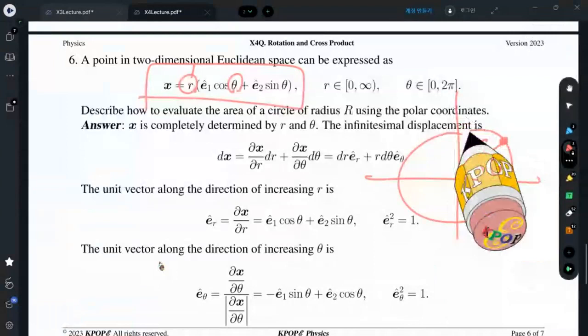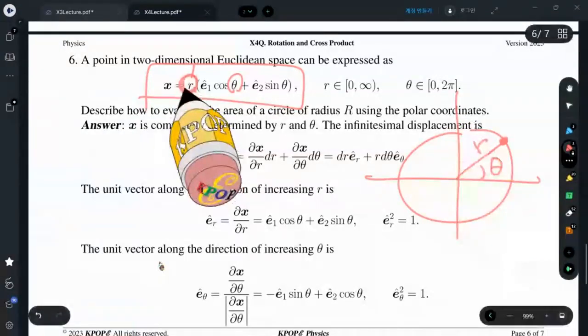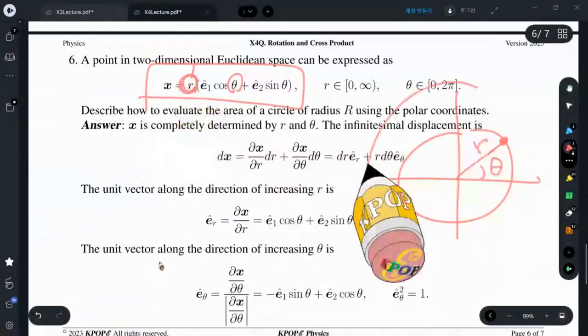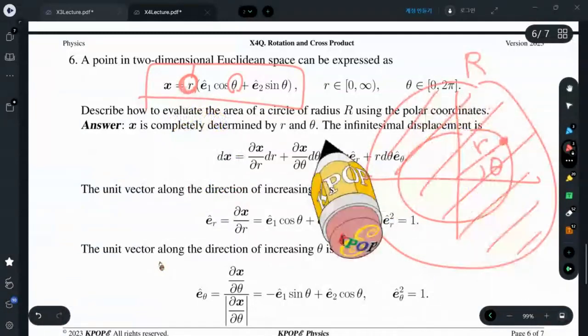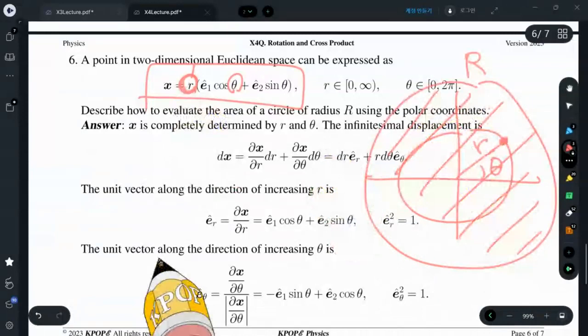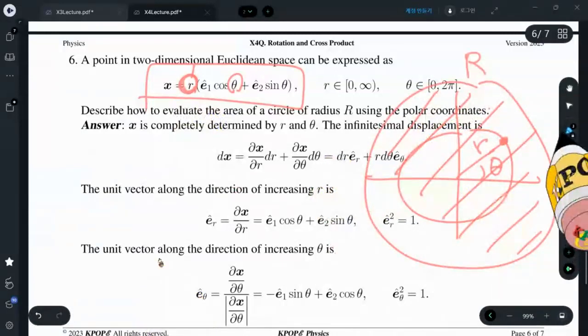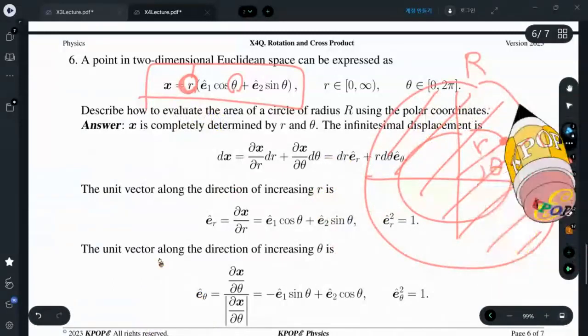You change the radius from 0 to capital R. And this is the way to find the area by integrating over the radius and angle.